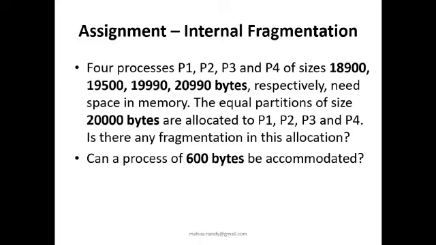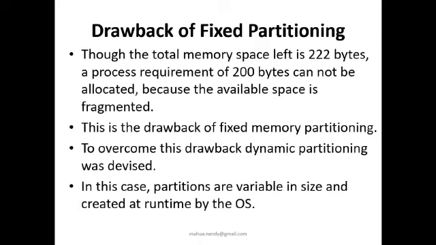Four processes P1, P2, P3 and P4 of sizes 18900, 19500, 19990 and 20990 bytes respectively need space in memory. The actual partitions of size 20,000 bytes are allocated to P1, P2, P3 and P4. Is there any fragmentation in this allocation? And can a process of 600 bytes be accommodated?